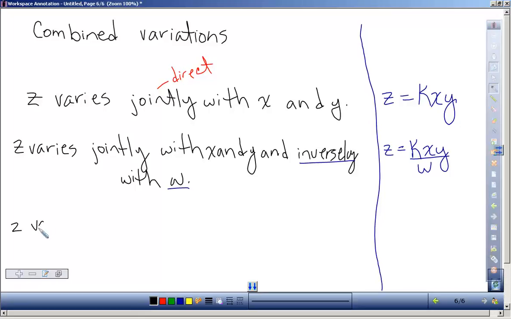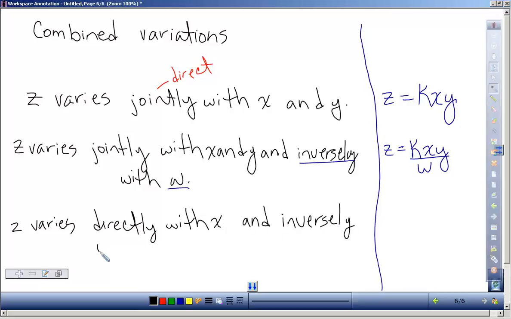You can also have other relationships thrown in there. You could see something like z varies directly with x and inversely with the square of y.